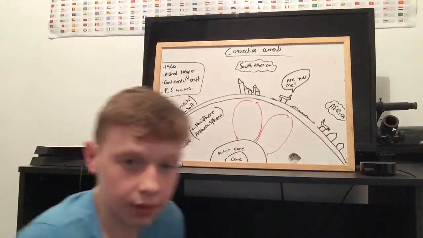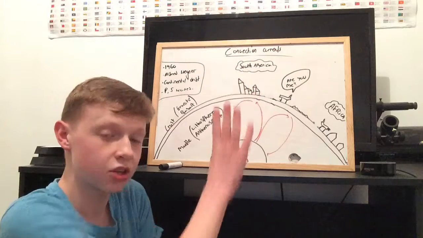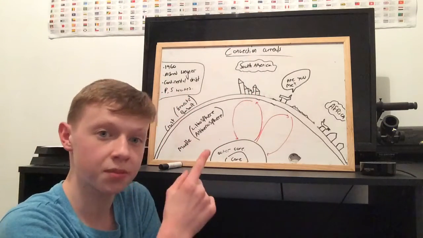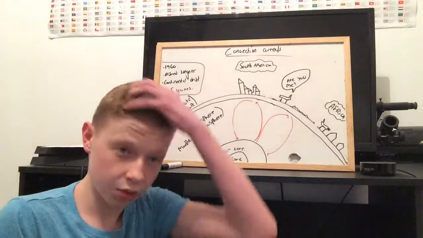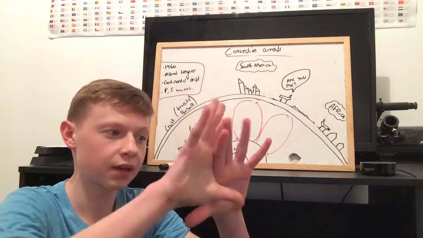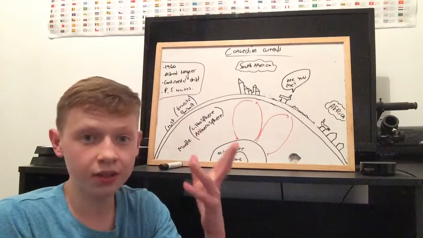Now, this convection current theory came to the surface at around about 1960. However, before that there was a man called Alfred Wegener who saw the map and figured out that it looked like a piece of a broken puzzle. And he called this continental drift.